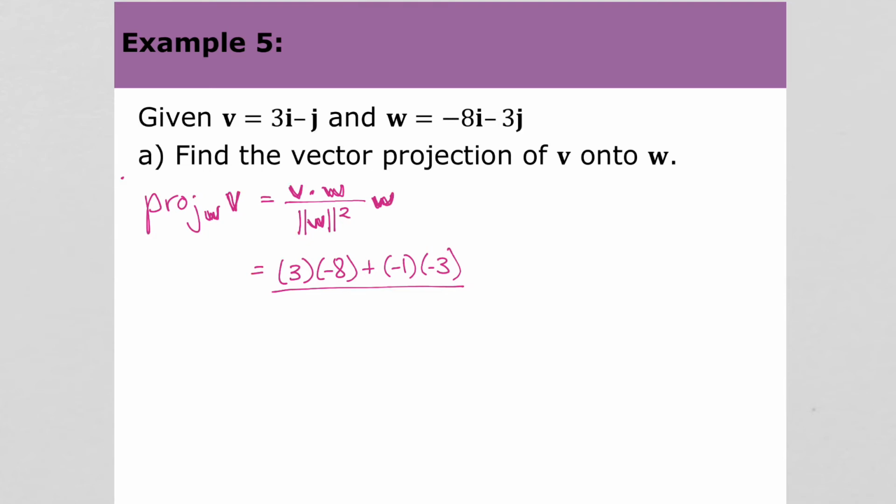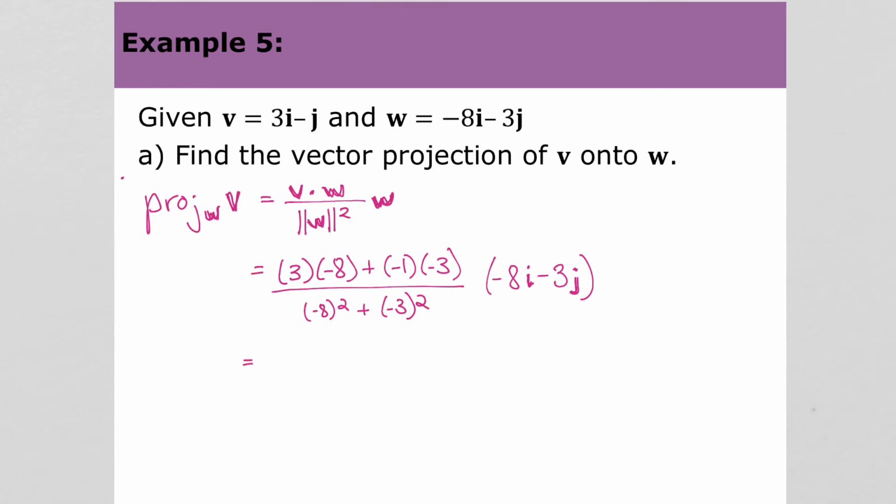So we're just doing negative 8 squared plus negative 3 squared. Again, this would have been the square root of negative 8 squared plus negative 3 squared, all squared. So I just took away the square and the square root. That's all I did there. And then we're going to multiply that by W, which is negative 8I minus 3J.